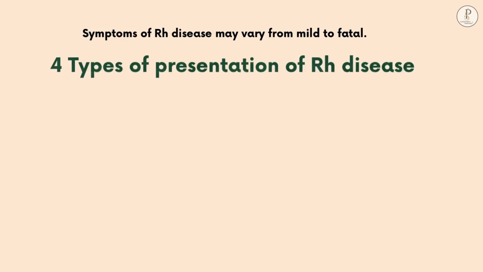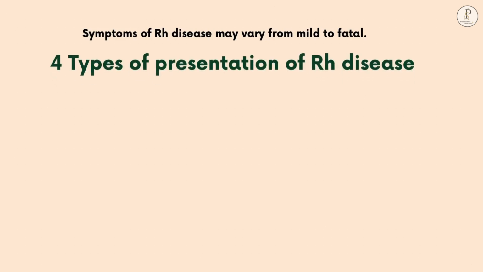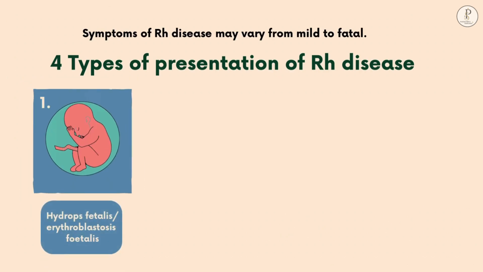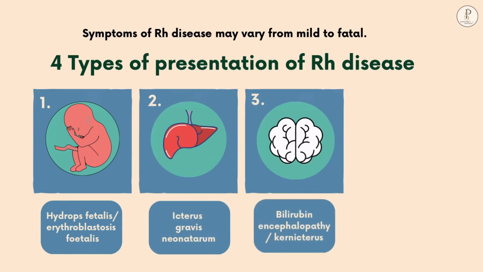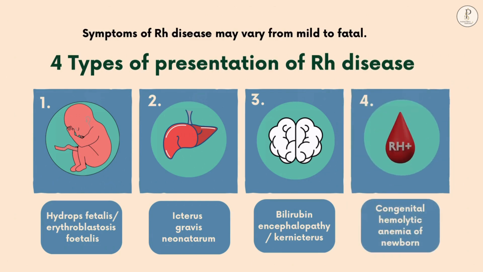There are 4 different types of presentation of Rh hemolytic disease. First is hydrops fetalis or erythroblastosis fetalis. Second, icterus gravis neonatorum. Third, bilirubin encephalopathy or kernicterus. Fourth, congenital hemolytic anemia of newborn. Hydrops fetalis is the most severe presentation and congenital hemolytic anemia is the mildest form.